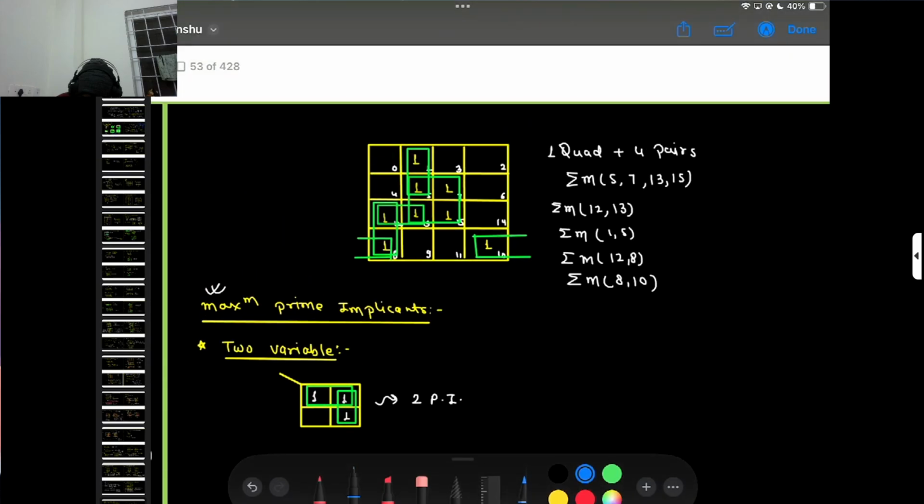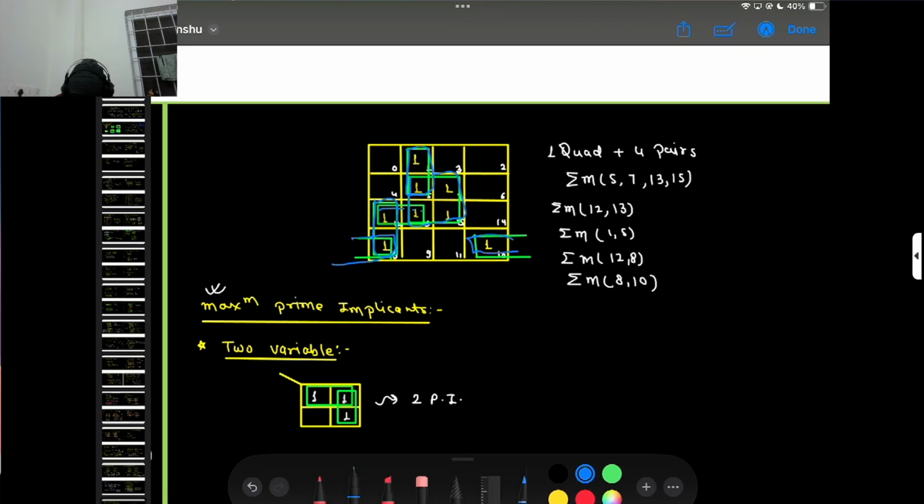And here, what is this? One group here, two groups here, we can also group this, but this is not, I think. Here is one group, and here is one group.